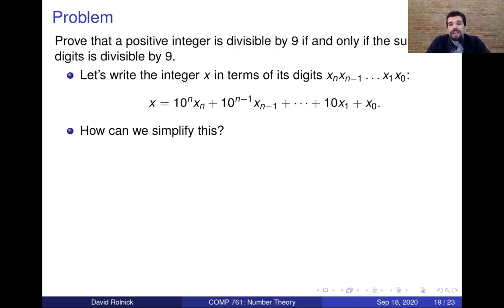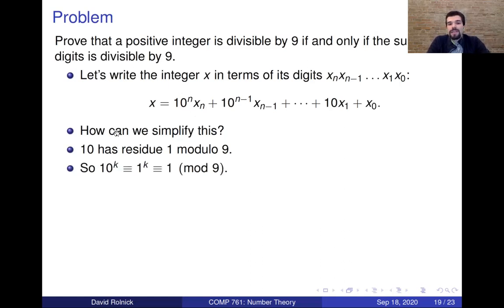Whenever you see something like divisible by 9, you should think of mod 9, because something is divisible by 9 if it's 0 mod 9. So 10 has residue 1 modulo 9, and that means that any power of 10 also has residue 1 modulo 9.